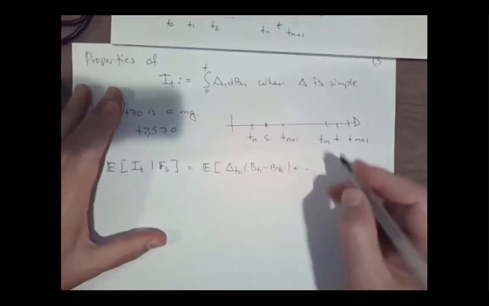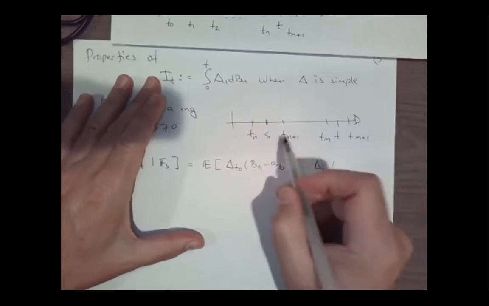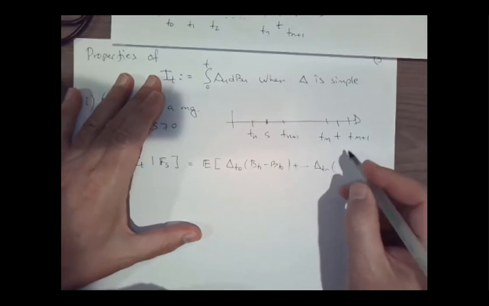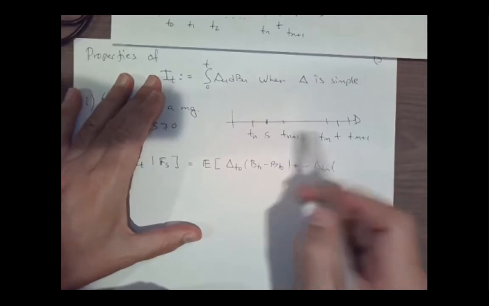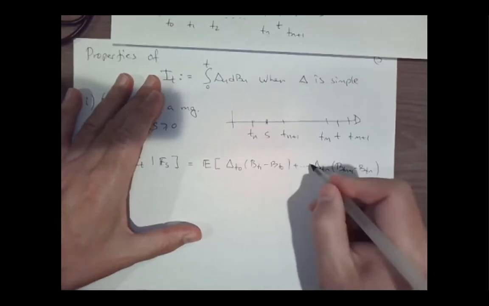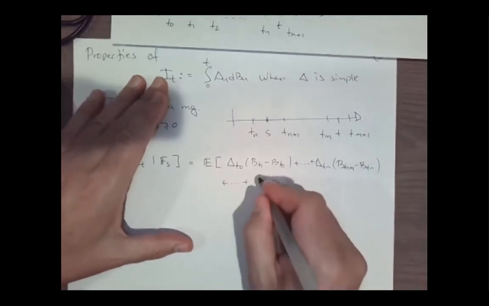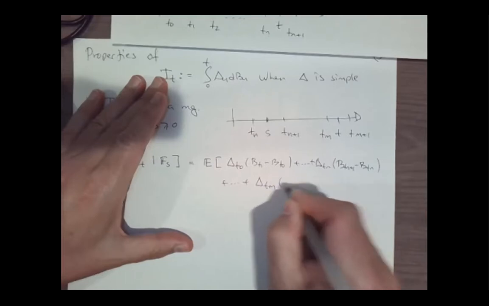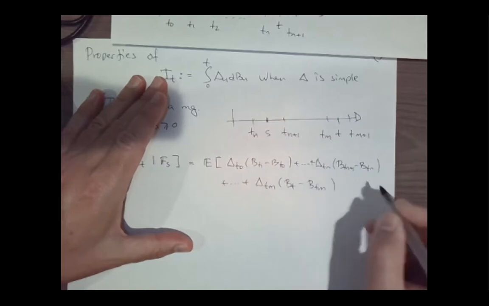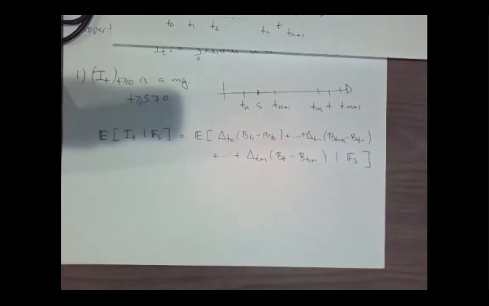Probably something interesting is going to happen here, so let me single that out: Delta tn times B(tn+1) minus B(tn), plus more terms. And then the last one will be Delta tm times B(t) minus B(tm), given F_s. So let's see what we get here.